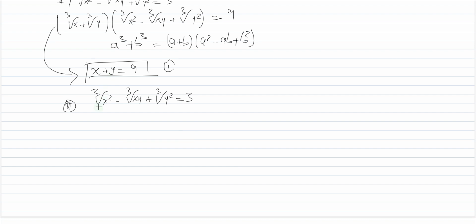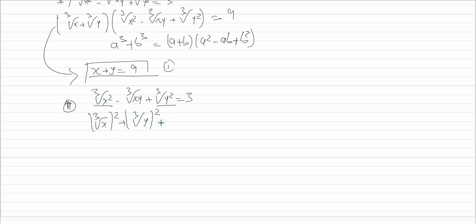So what do we have here? If I want to complete this square, this is going to be the cubic root of x squared plus the cubic root of y squared.